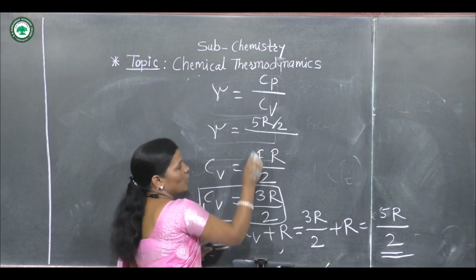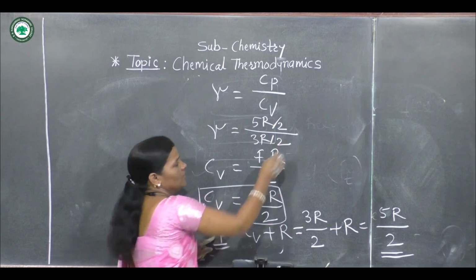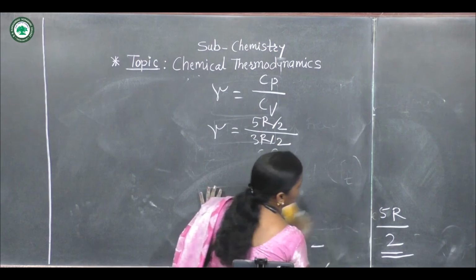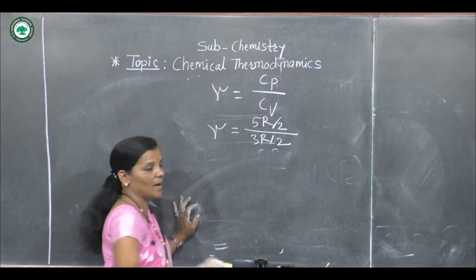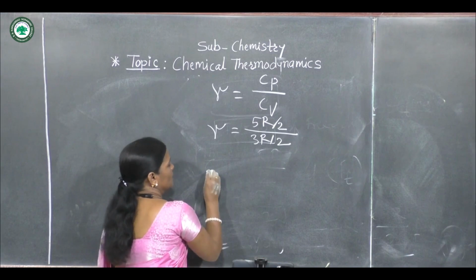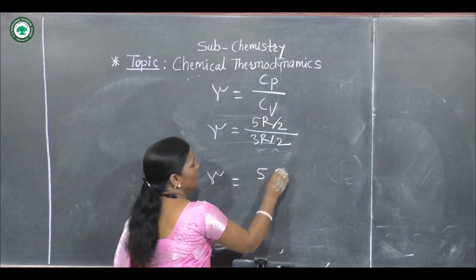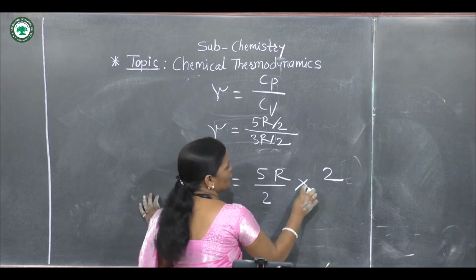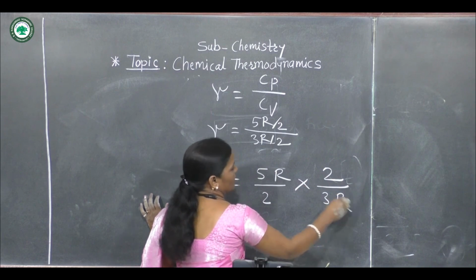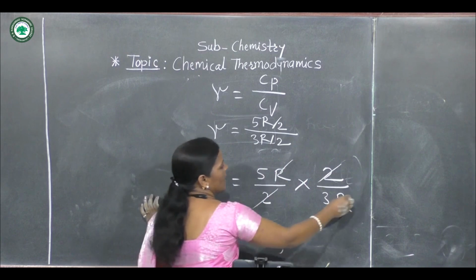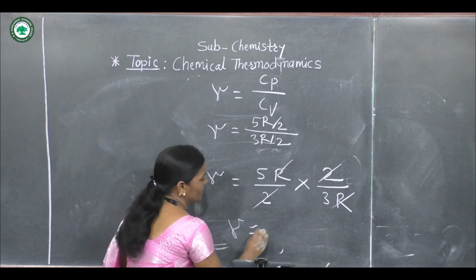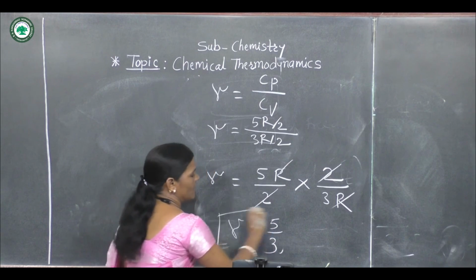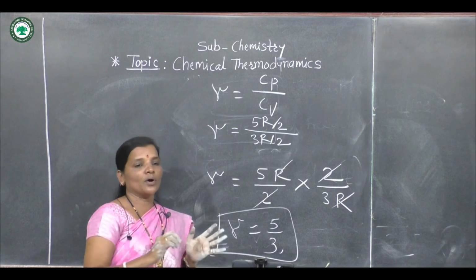That is 3R upon 2. After simplification we'll get the value of gamma. Gamma is equal to 5R upon 2, and we take the reciprocal of this, into 2 upon 3R. 2 will get cancelled, R will get cancelled, and finally we get the value of gamma, that is 5 upon 3. These values are very important.